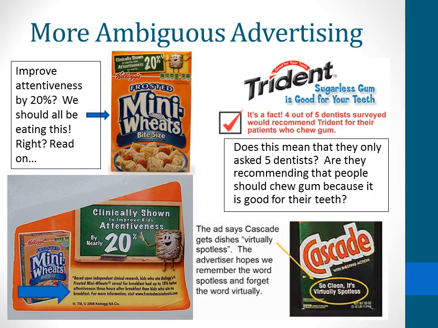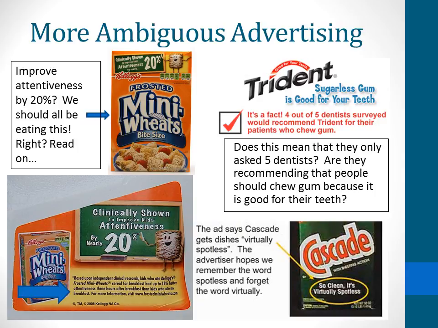On the bottom right, we have Cascade, and the ad says, gets dishes virtually spotless. The advertiser hopes we remember the word spotless and forget the word virtually, meaning almost, which pretty much every dishwashing powder or liquid makes things almost spotless.